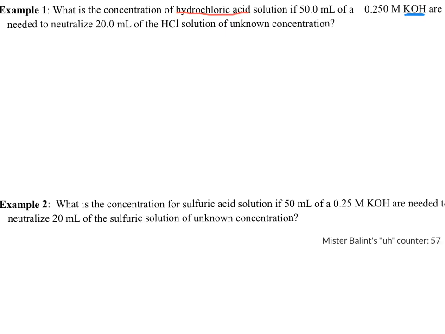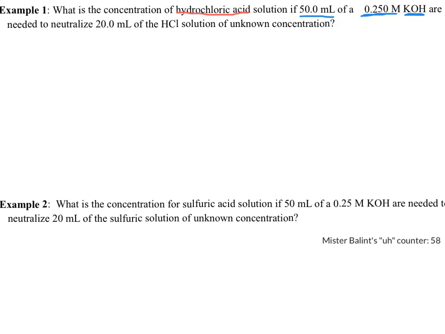Let me also underline this because I can see that that is molarity, that big M right there. That's the strength, 0.25 molar KOH. So that's going to be the strength of the base, which is also important to note. And it also says 50 milliliters of a 0.25 molar KOH.